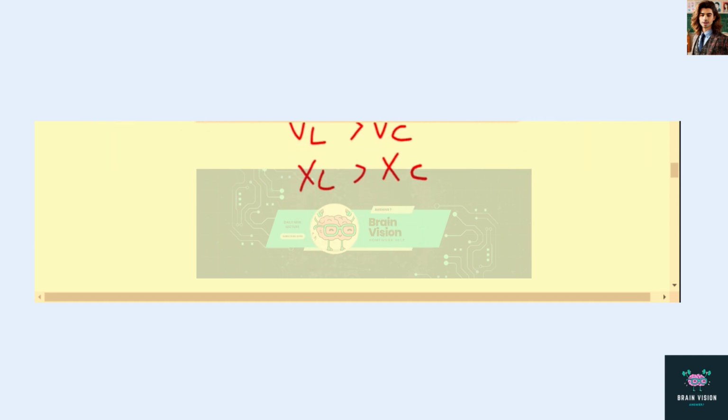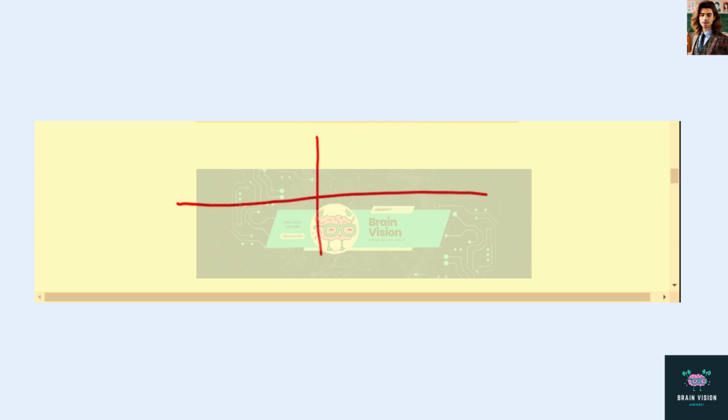So now you have to suppose that the instantaneous values of the voltage and current are represented by their phasors on the y-axis. So you will get something like this. This is your positive y-axis, this is negative y-axis, this is negative x-axis, and this is positive x-axis. So we are using the phasor method.